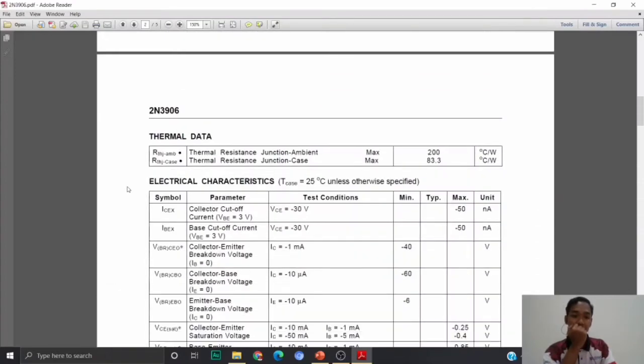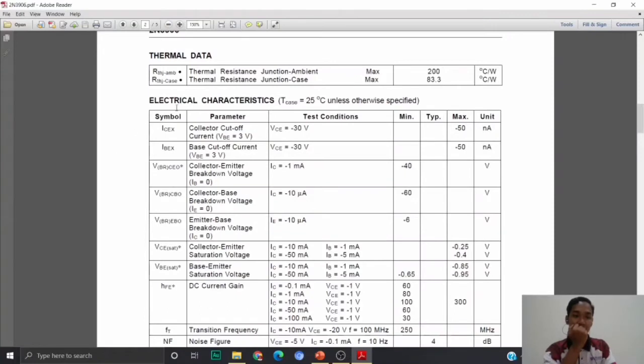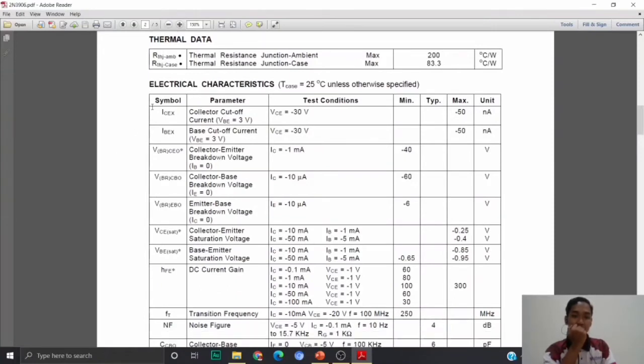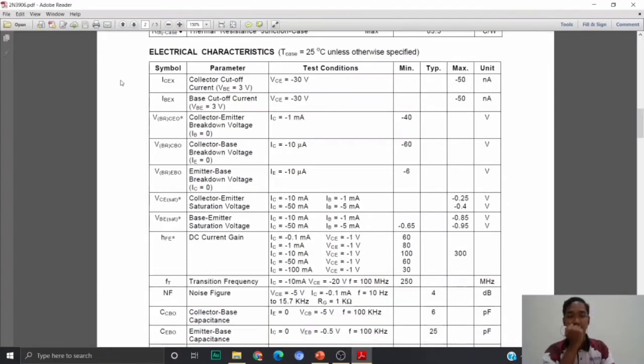Okay, for the electrical characteristics, collector cutoff current has its value in this data sheet, and also base cutoff current, collector emitter breakdown voltage, and collector base breakdown voltage.